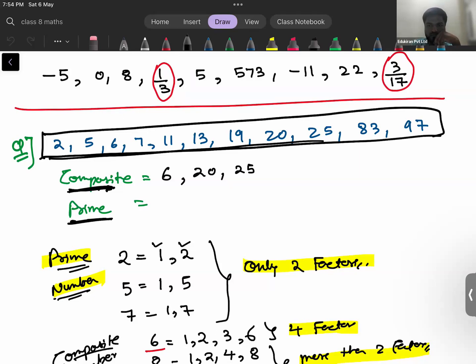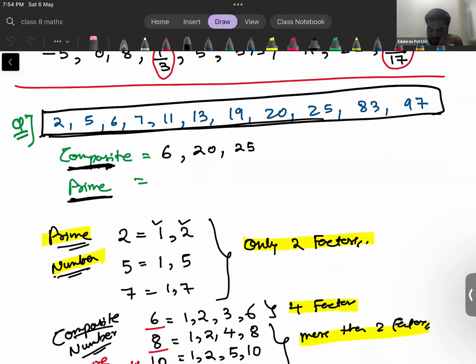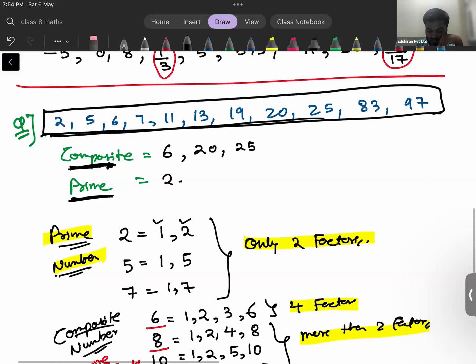No, sir. Okay, that's all. Prime numbers: 2 is a prime number, 7 is a prime number, right? What else? We missed one, 11. Is 5 also a prime number? Yes, sir. And 11.